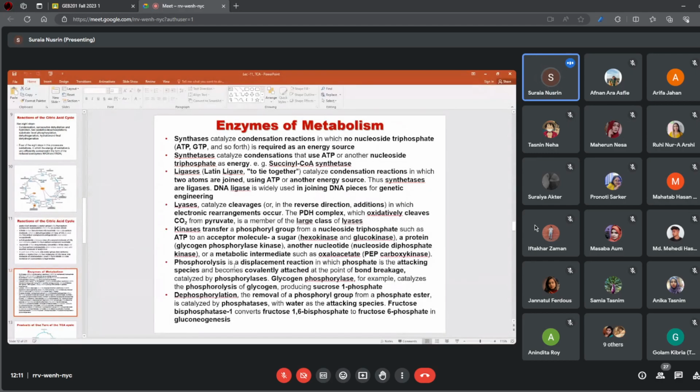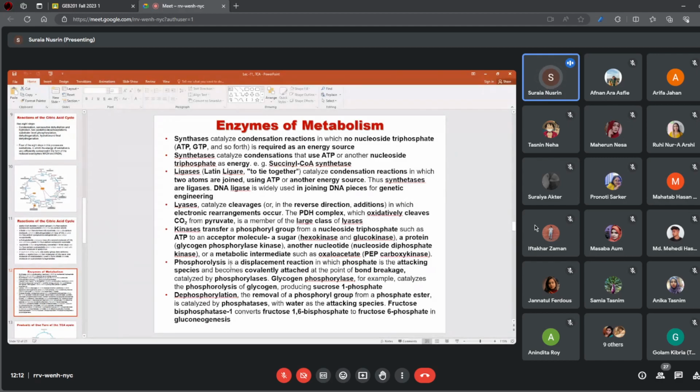The next reaction is the phosphorylase reaction, where a compound is broken down, but that breaking happens by a phosphate group. The phosphate group attacks that particular bond, and then the bond is broken. And the enzyme is called phosphorylase. We have already learned one such enzyme, which is glycogen phosphorylase.